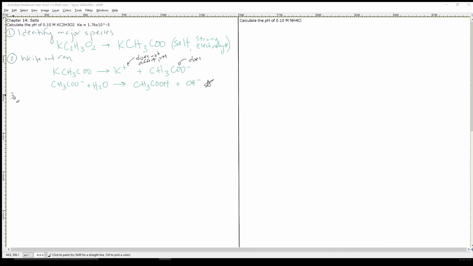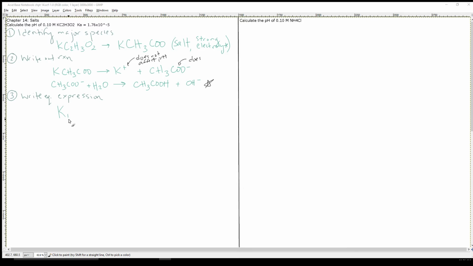Alright, so now step 3 will be to do what we usually do, which is write the equilibrium expression. Do I need to do a dilution on this problem? No, I don't. It's not being diluted. So since this guy is accepting hydrogens, am I going to write a Ka or a Kb?